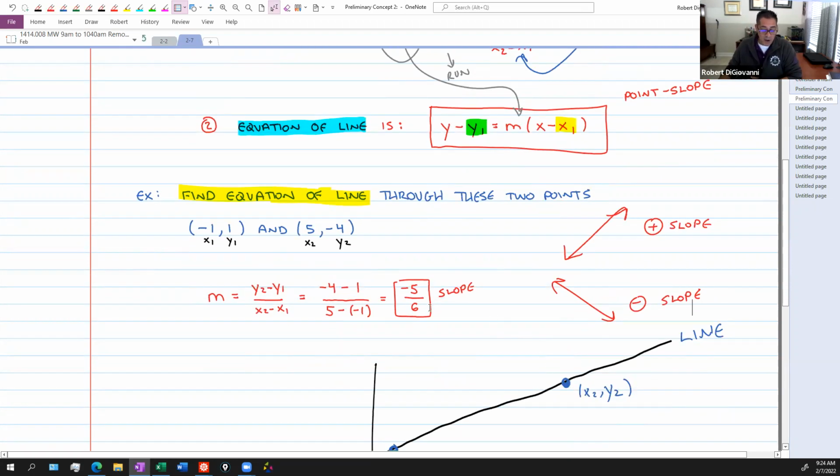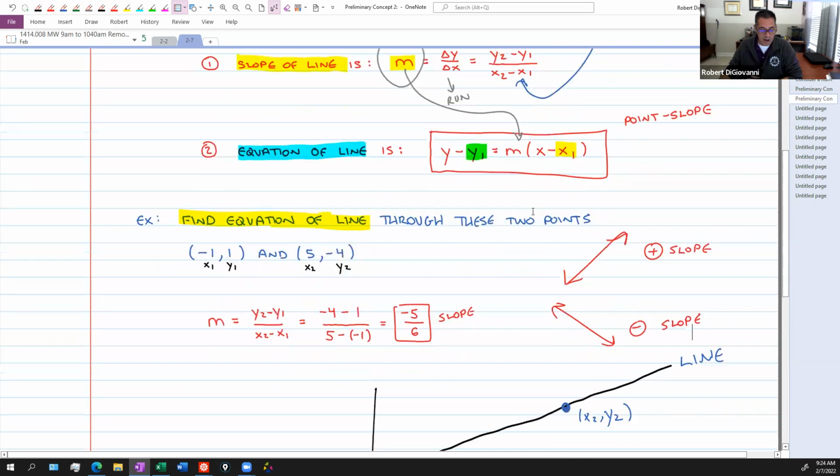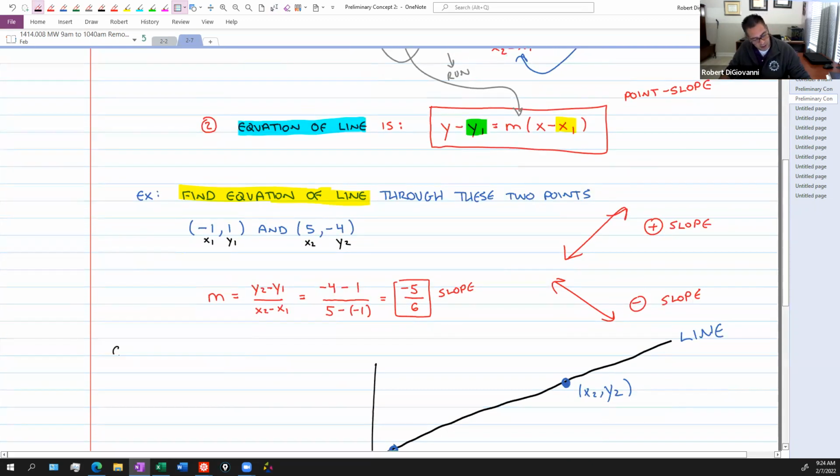Okay, now that we have the slope, all I'm going to do is use this formula right here. For the equation, I'm going to use this formula, y minus y1 equals m times x minus x1. You're going to need this formula a lot in calculus. So I'm going to say y minus, now y1 was 1, equals m, which is the slope, -5/6, parentheses x minus, and then x1 was -1.